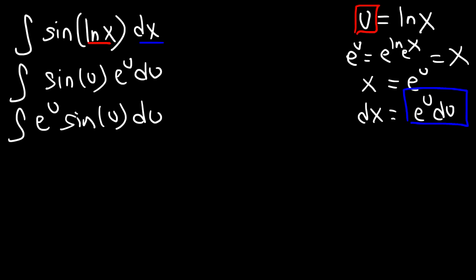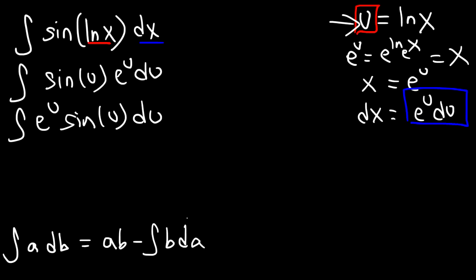Now, in that formula, the integral of u dv is uv minus the integral of v du. Because I don't want to write u twice and confuse it with this u, I'm going to change the letters of that formula. So let's say the integral of a db is going to be ab minus the integral of b dA.